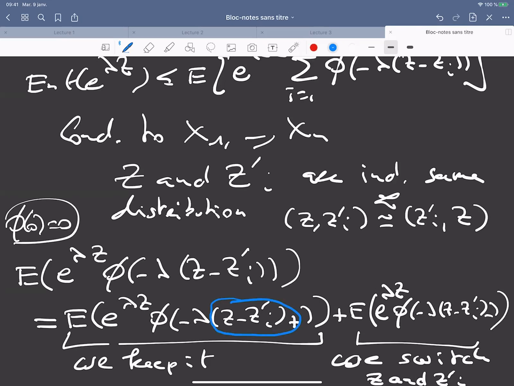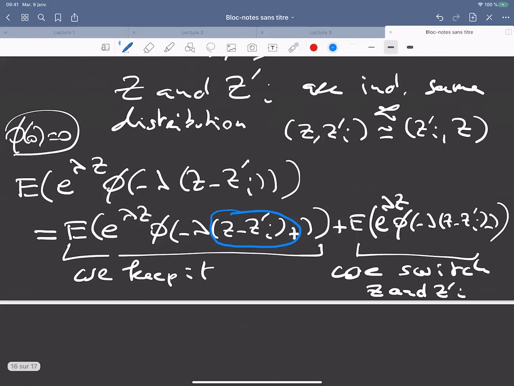Okay, now for this term here, we switch Z and Z prime I in order to make again a positive part appear.